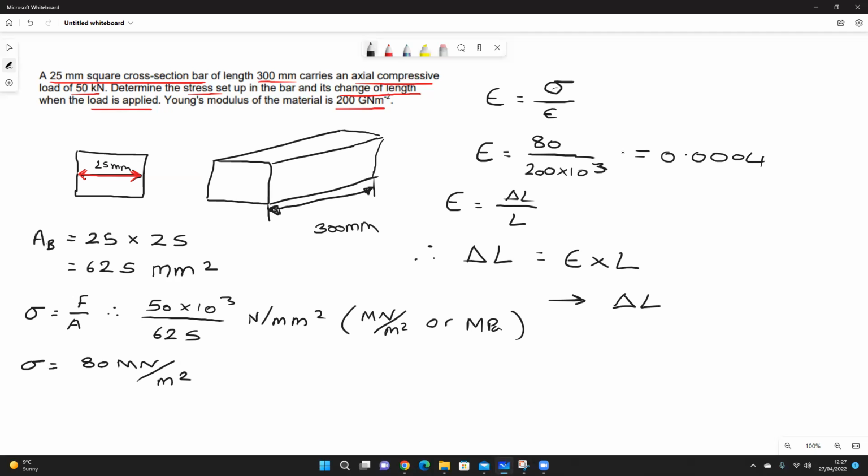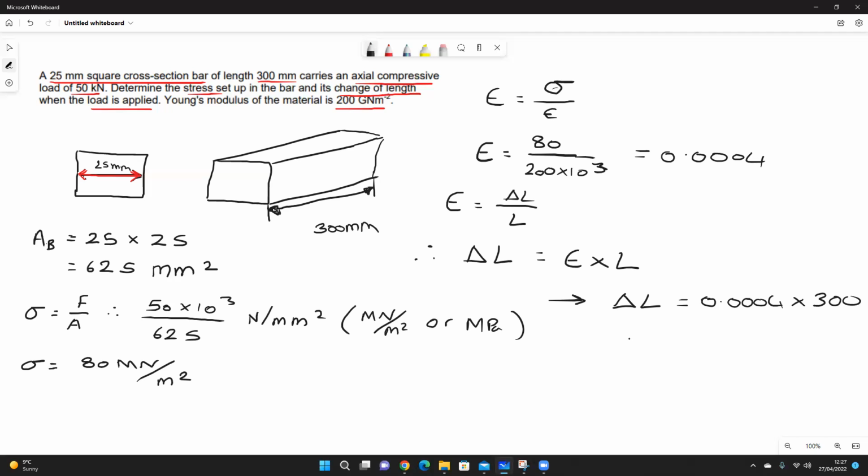Change in length equals 0.0004 times the length given, which in our case would be 300 as given in the question.